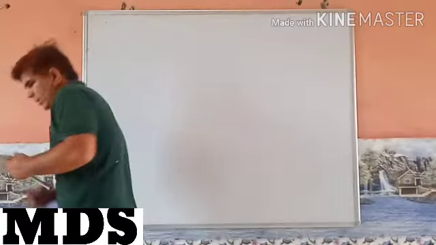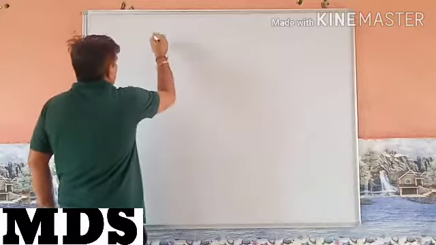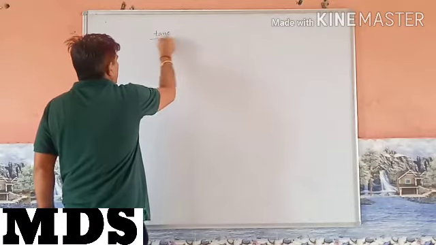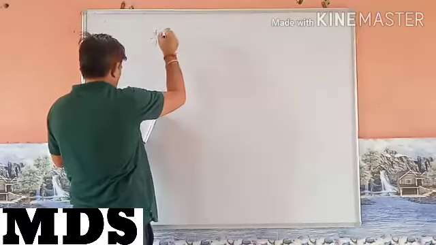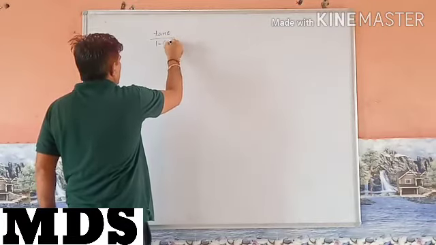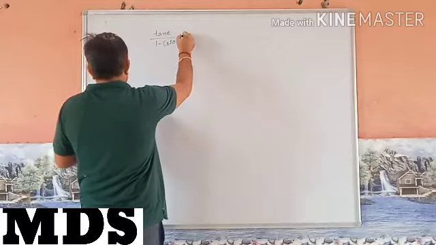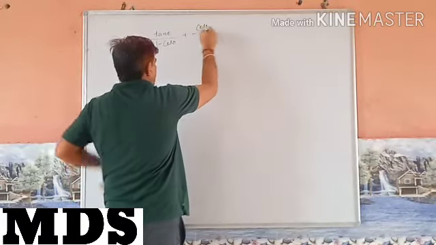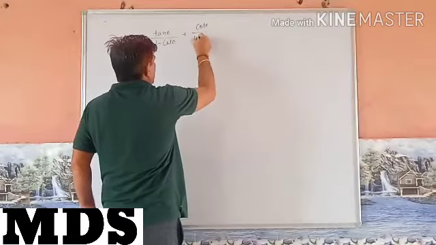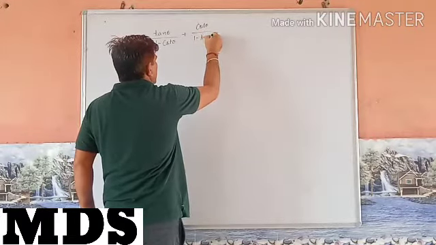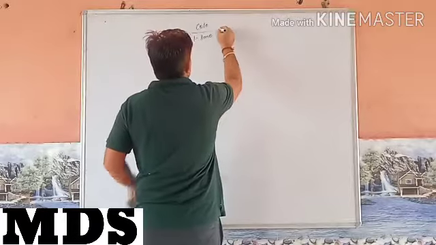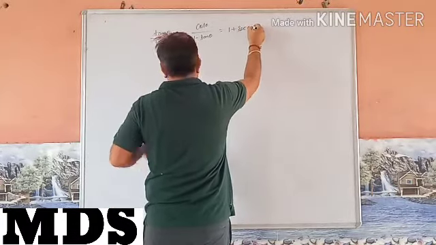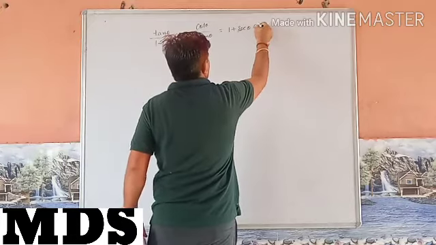So, tangent theta by 1 minus cotangent theta plus cotangent theta by 1 minus tangent theta is equal to 1 plus secant theta cosecant theta.